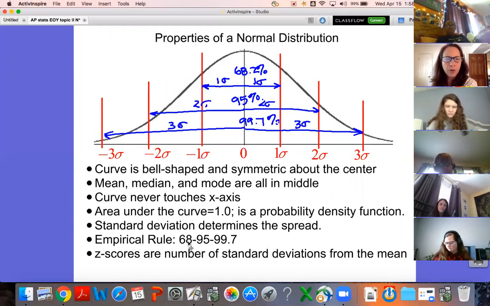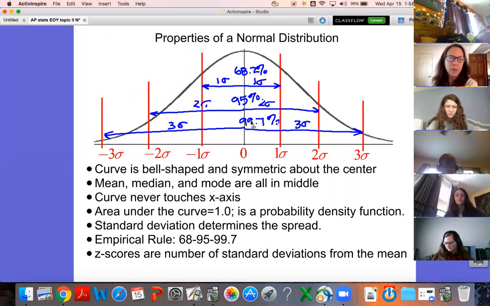Don't forget your empirical rule. They expect you to know the 68, 95, 99.7. So if you're 1 standard deviation away from the mean in either direction, you've got 68.2% of the data. We just do 68 in stats. If you're 2 standard deviations away, you've got 95% of the data. And if you're 3 standard deviations away to the left or the right from the mean, you have 99.7 or almost the entire graph.